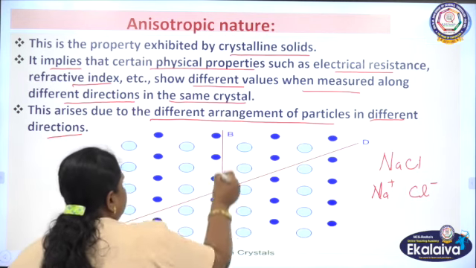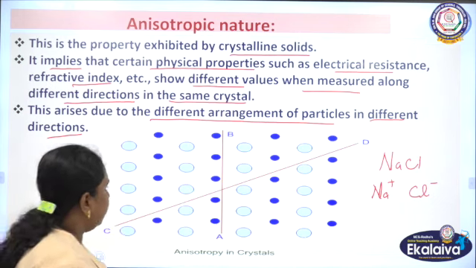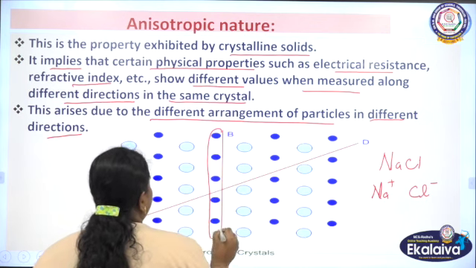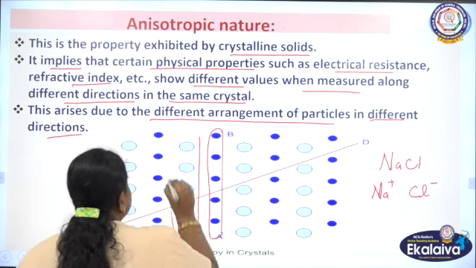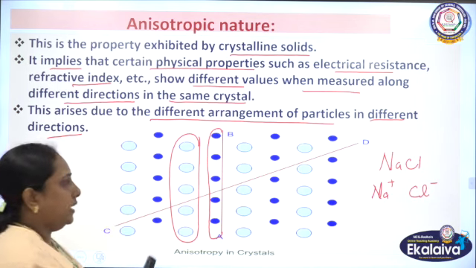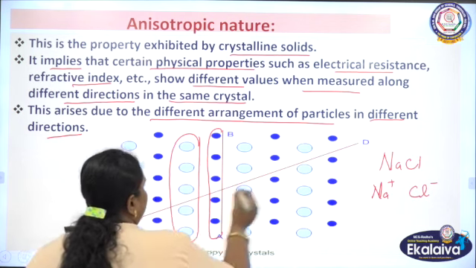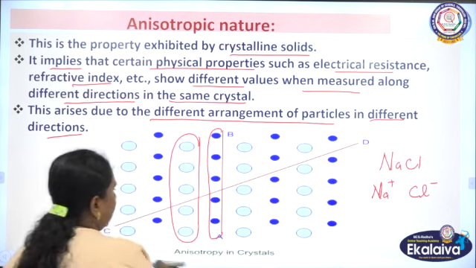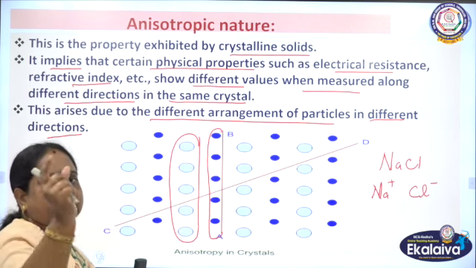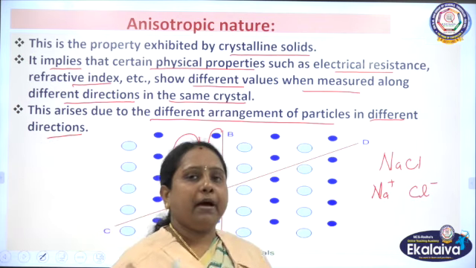As we come down vertically, you could see all the smaller particles are aligned in one row and all the larger particles are in another, isn't it? And as we move from left to right, the particles alternate: a larger particle, a smaller one, a larger one, a smaller one, like that. There is an alternate arrangement of the particles.